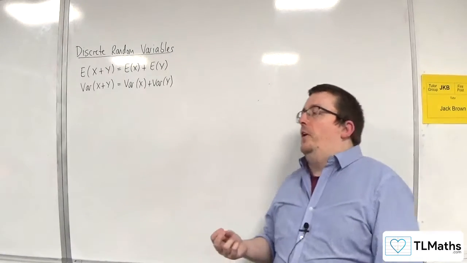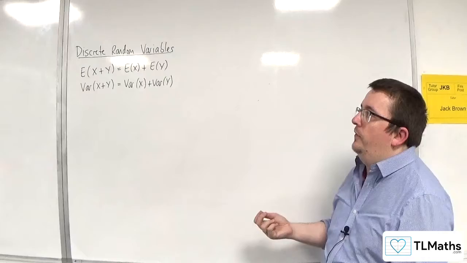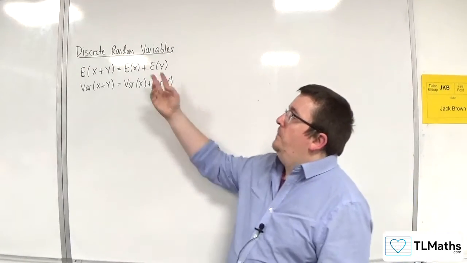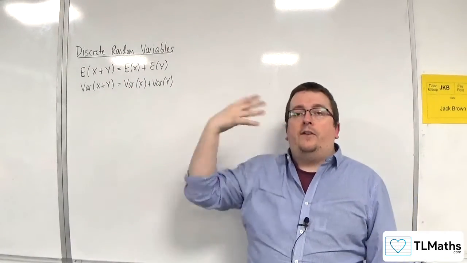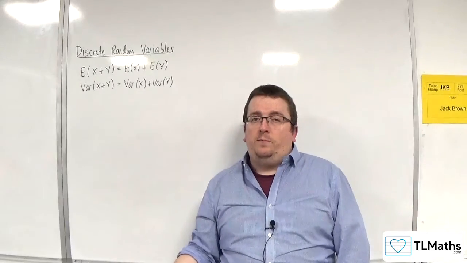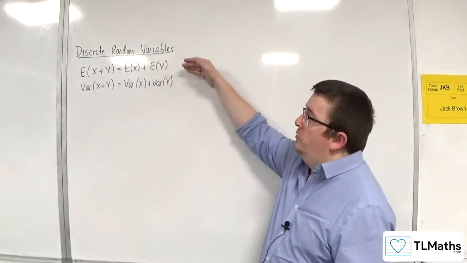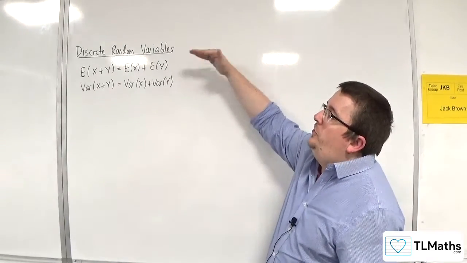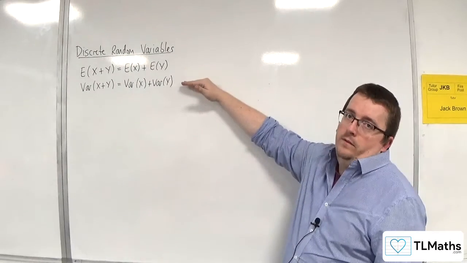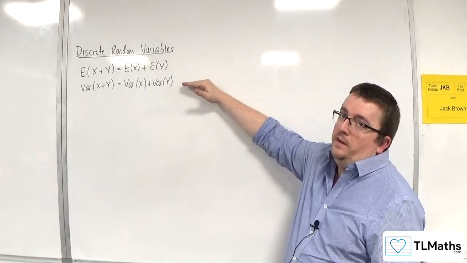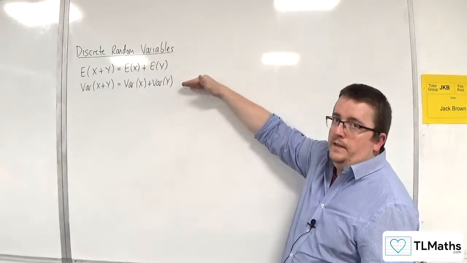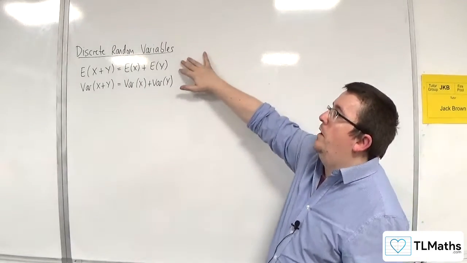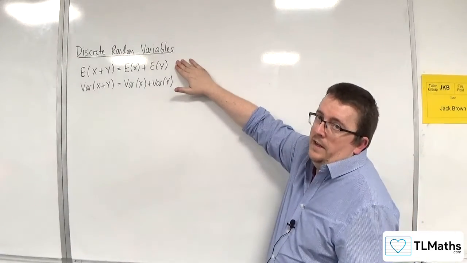Okay, so the consequence is, as we'll see, that this top one doesn't need x and y to be independent for it to be true. However, we do need this one to have x and y independent to be true. So this one only works if x and y are independent, whereas this one doesn't need the independence to be there.